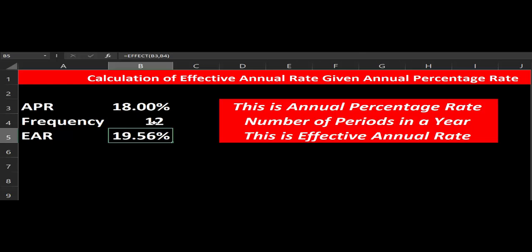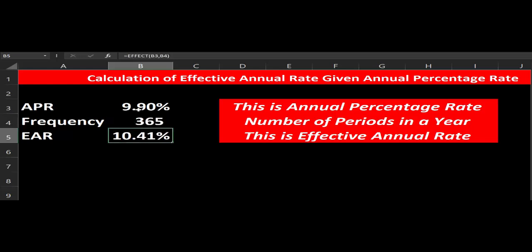Let's do an example. Let's say you have a loan that charges 10% APR, but it is semi-annual, which means it compounds interest every 6 months, twice a year. That has an effective annual rate of 10.25. You have another loan that actually charges you a lower rate, let's call it 9.9%, but it compounds interest daily.